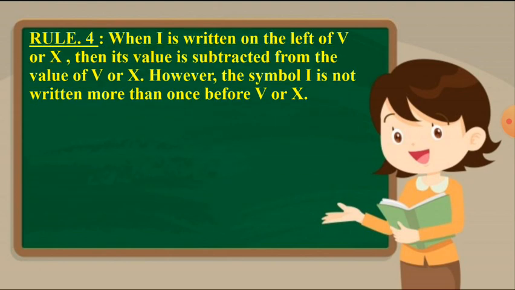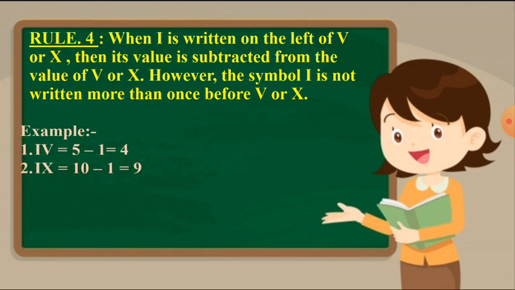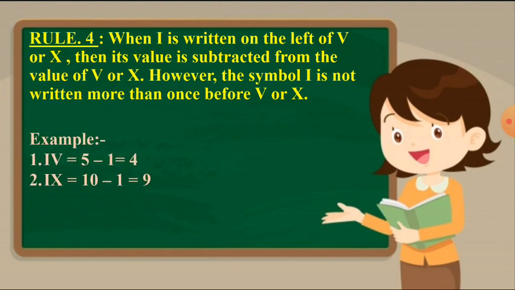When I is written on the left of V or X, then its value is subtracted from the value of V or X. However, the symbol I is not written more than once before V or X. Let's see through the example. Now students, the first example is IV is equal to, the value of V is 5 and the value of I is 1.